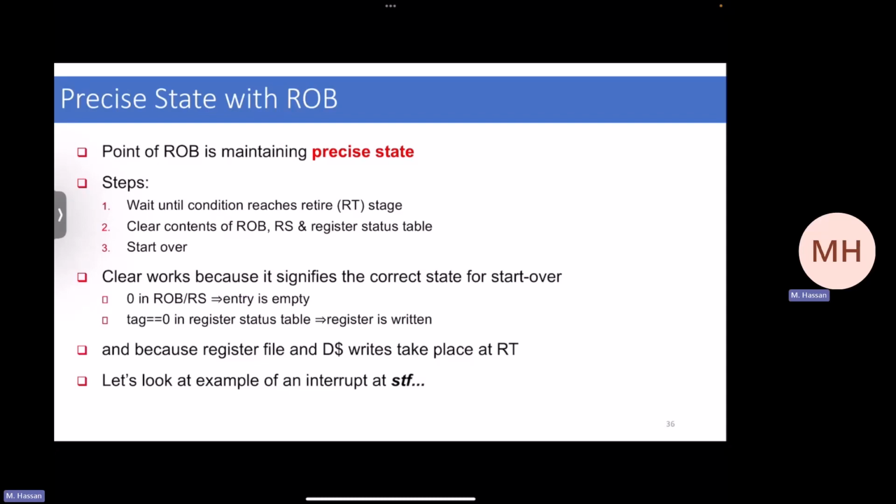Good. So again, what we do in case of exception is you say, I stop here, and everything that I did not retire, how do I know if I didn't retire anything? Because it still has an entry in the ROB. Anything that is in flight, which means it has a status in the ROB, flush completely. What retired is already retired, and then when you come back from the exception, you basically start from the head of your ROB.